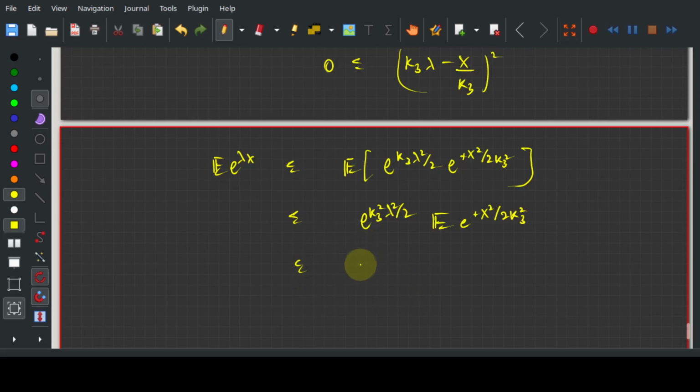So this is less than or equal to some constant times e to the k4 square lambda square, right? For some constant k4. Okay? So I know I'm out of time, so maybe we can stop here. We'll again quickly go through this once again in the next class.